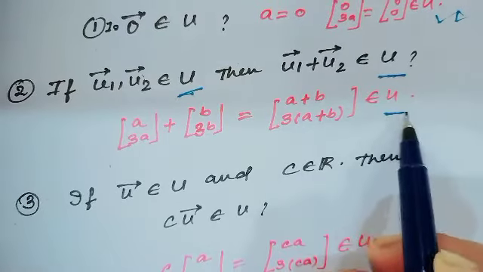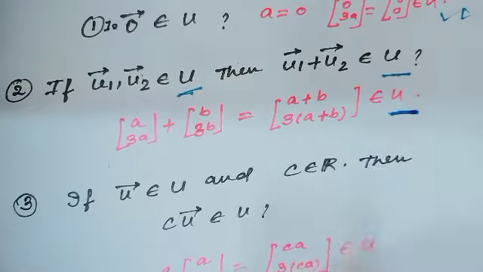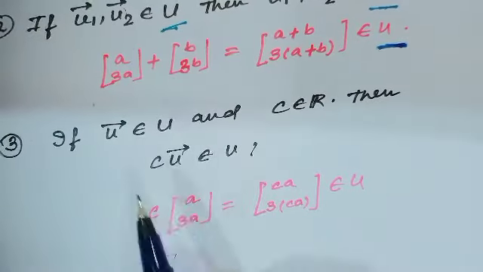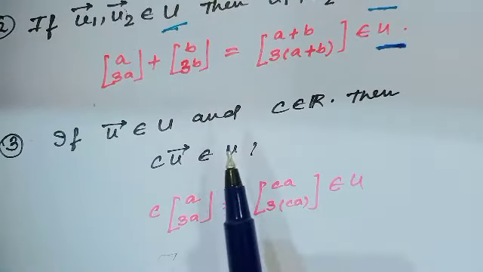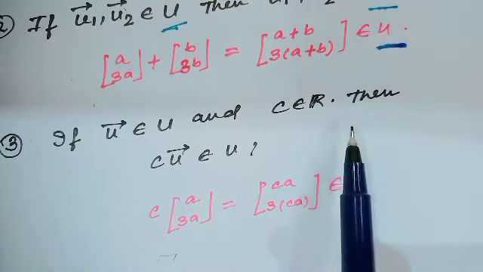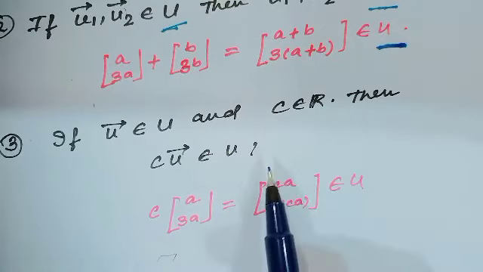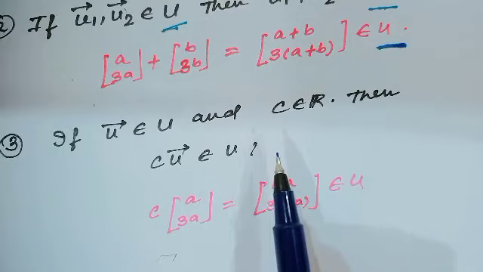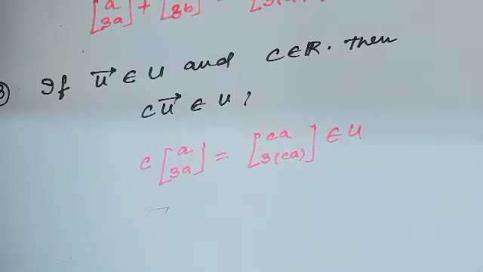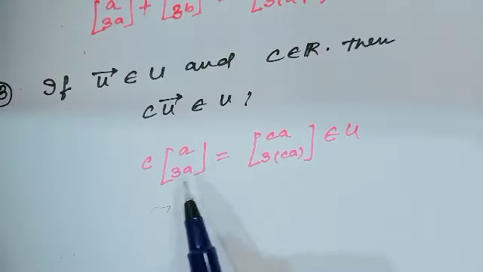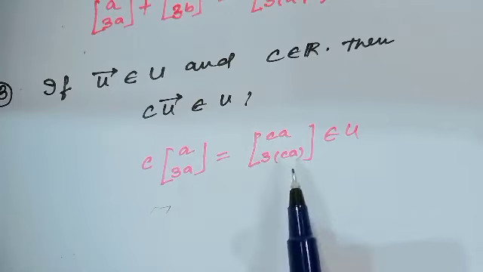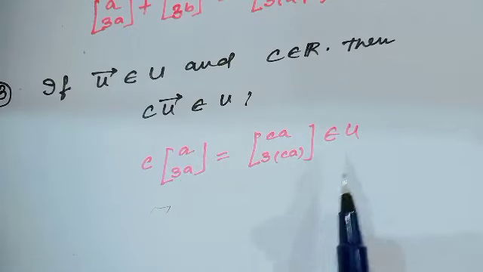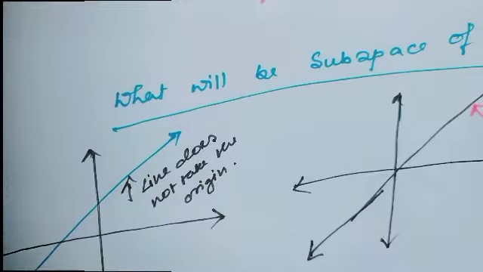Obviously this belongs to U. Next, if u belongs to U and c belongs to the real numbers, then cu belongs to the set U. Obviously, because c times (a, 3a) would be (ca, 3ca). Obviously, this belongs to U.